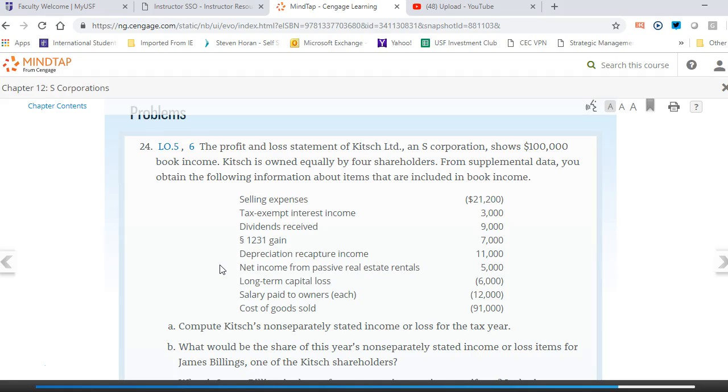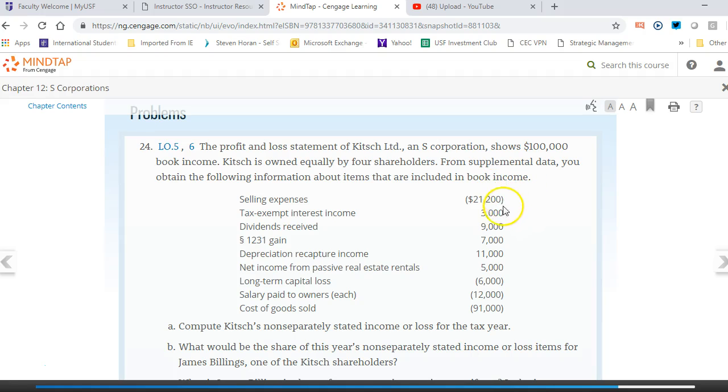So the first one I have on the screen is question 24. And this is the profit and loss statement of Kitch Ltd. S Corp. It shows $100,000 of book income owned equally by 4 shareholders. From supplemental data, you obtain the following information about items that are included in book income.